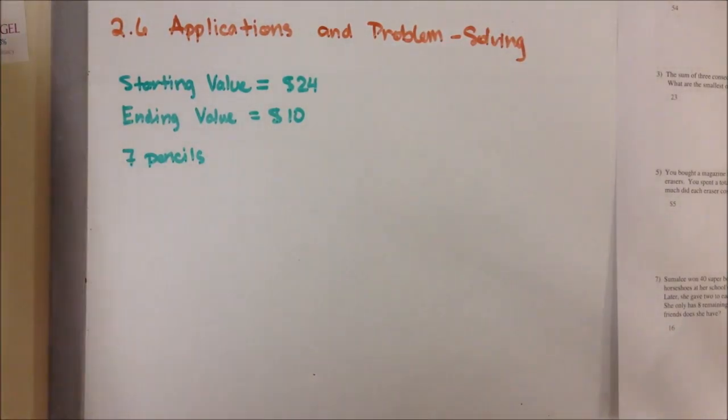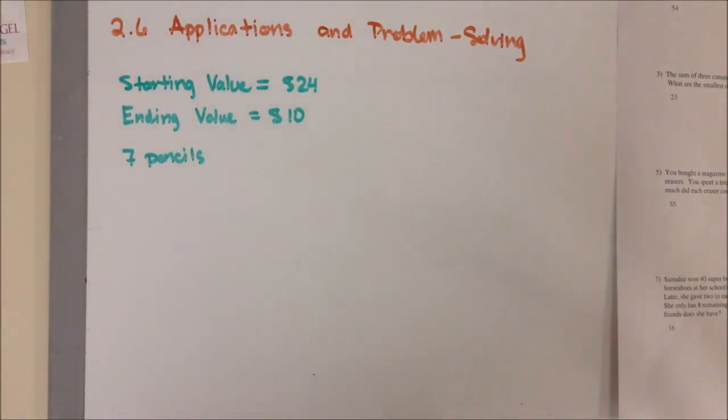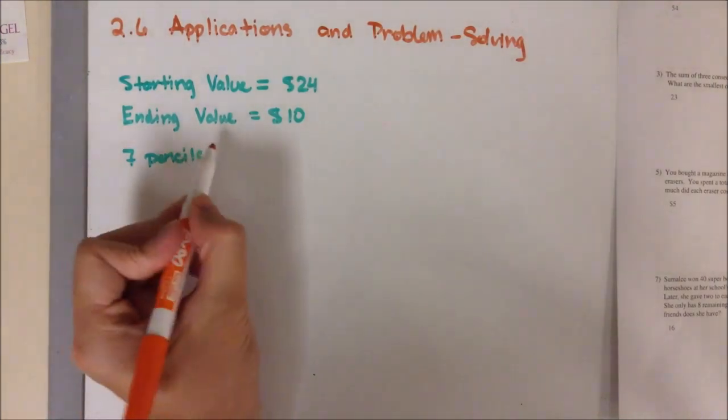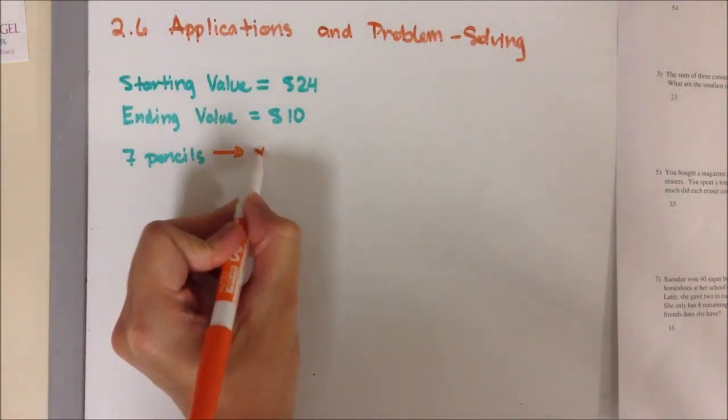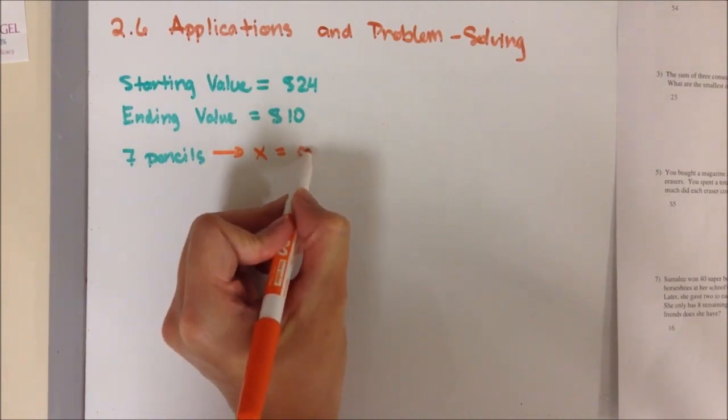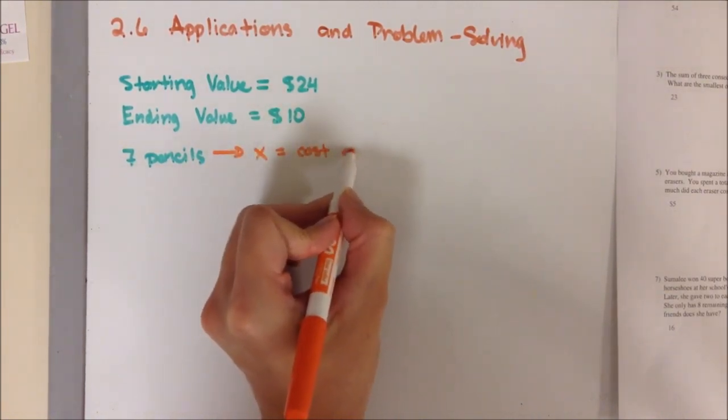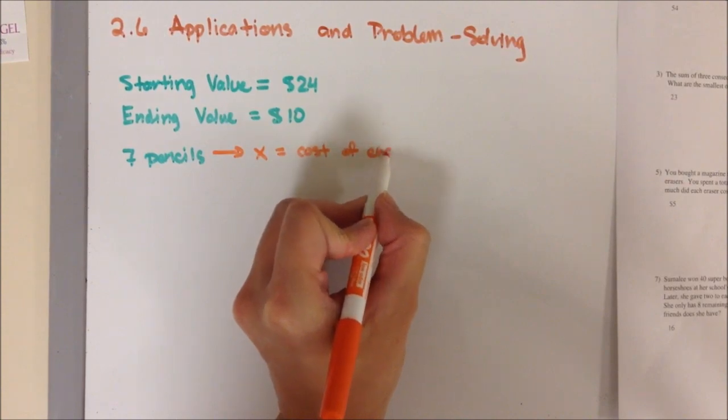But the problem is, we don't know the cost of each pencil, and that's what the question is asking. How much did each pencil cost? So I'm going to assign X, which is the cost of each pencil.